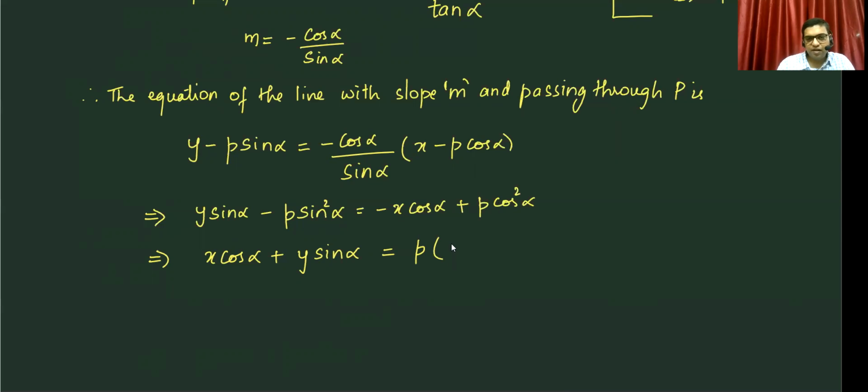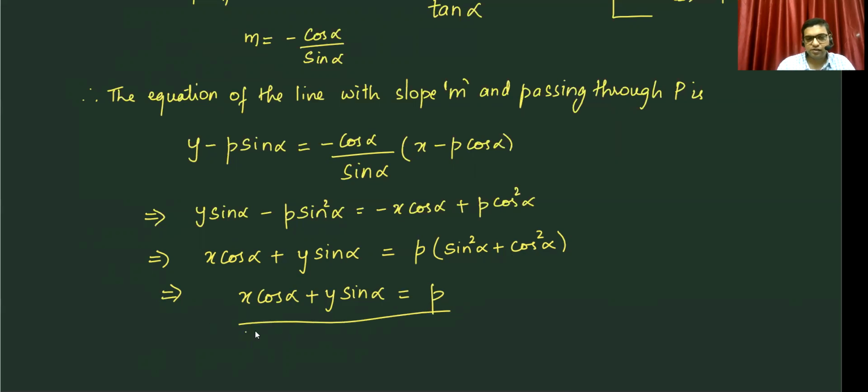You will get p sine square alpha plus p cos square alpha. So p taken common, and by the trigonometric identity, sine square alpha plus cos square alpha is 1, for any angle. So you get this.